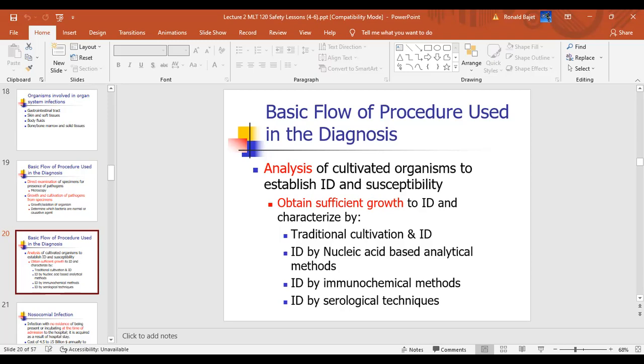So if an organism is sensitive or resistant to a certain antibiotic, which would be useful to the doctor, whether it's sensitive or whether it's resistant? If I tell the doctor that this organism is sensitive to amoxicillin or it's resistant to amoxicillin, which one would he want to use?